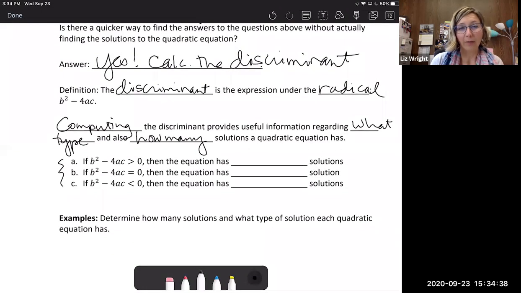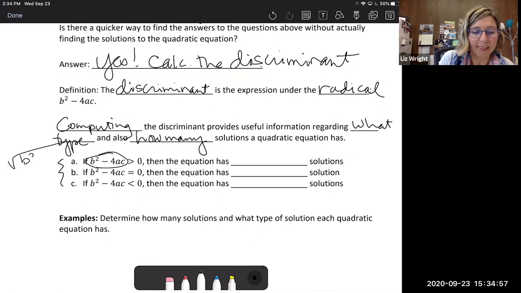So I was giving you all that information on the previous examples about how many x-intercepts we would have, whether 2 x-intercepts, 1 x-intercept, or no x-intercepts, because it's going to come in handy right here. The b squared minus 4ac lives underneath the radical, right?